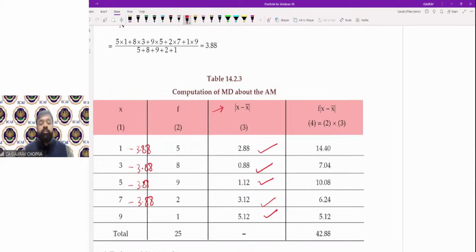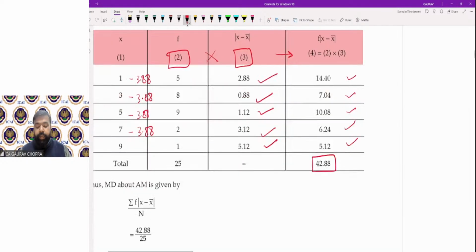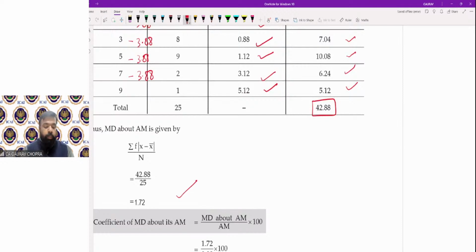Now multiply with the frequency. You have to multiply column number two and column number three. After the multiplication, you will get this total, 42.88. This is your total. Now apply the formula and get your result.